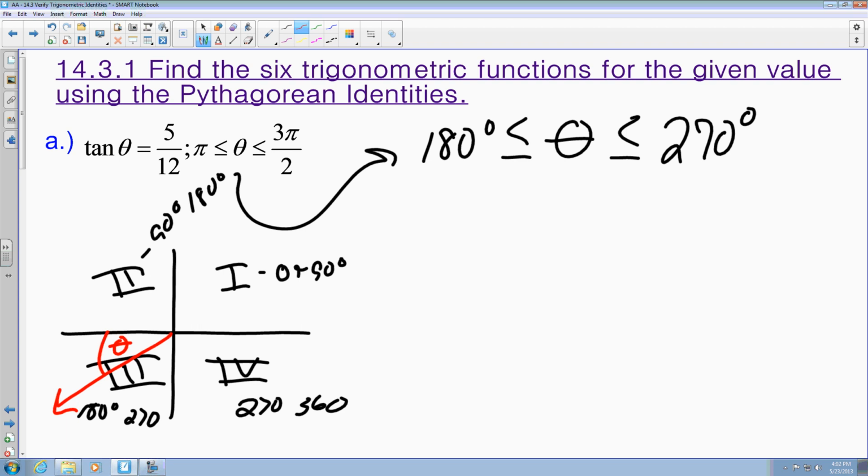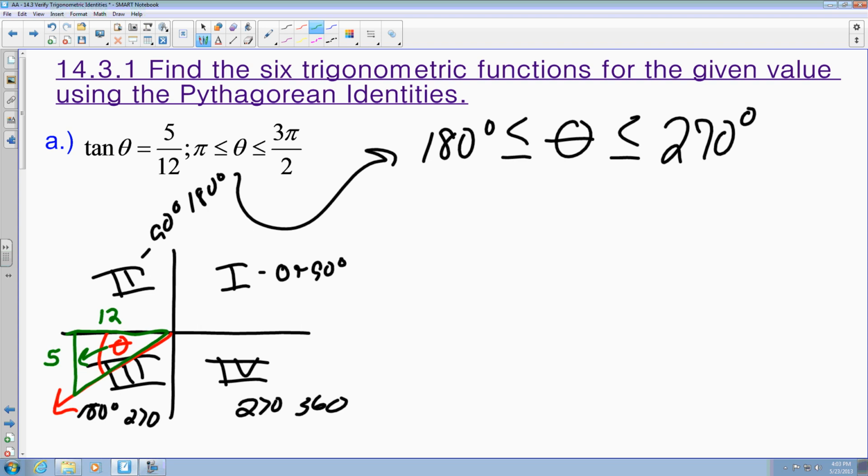My reference angle is always going to be towards my x-axis. If I make a right triangle, it looks something like this, and they're telling us that the tangent of theta equals 5 over 12. Tangent is opposite over adjacent, so the opposite is 5 and the adjacent is 12.